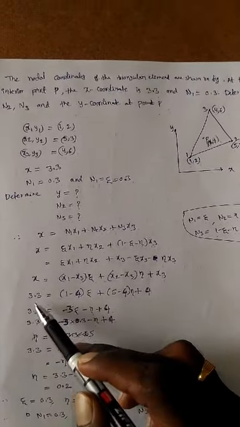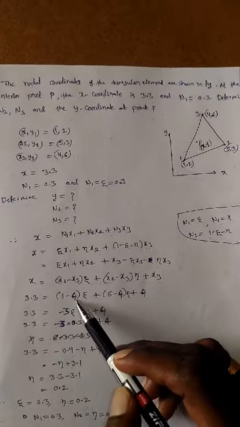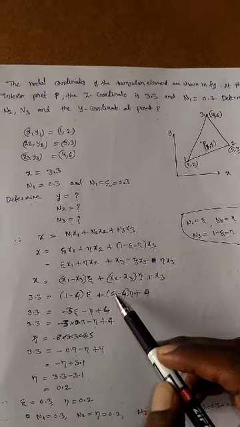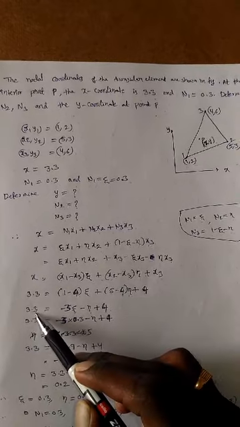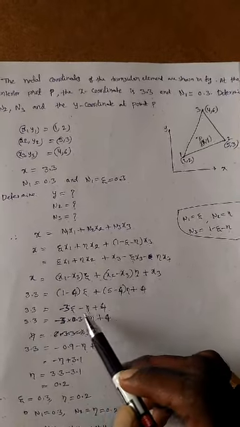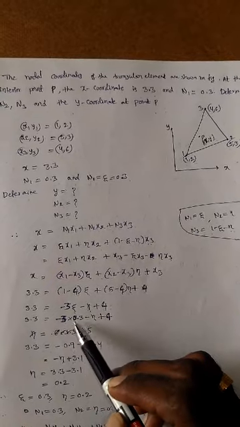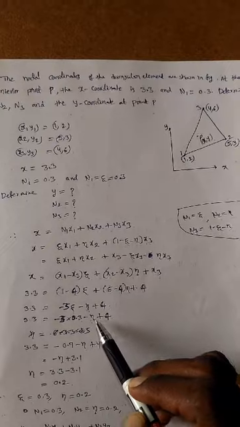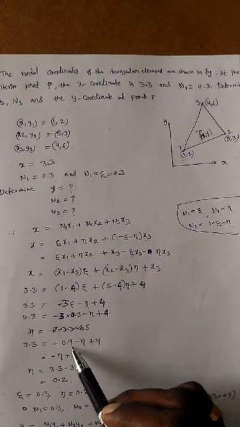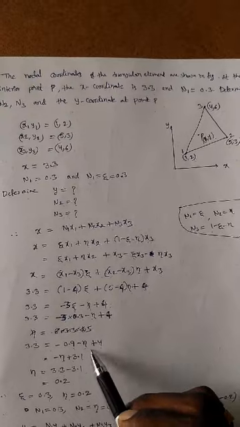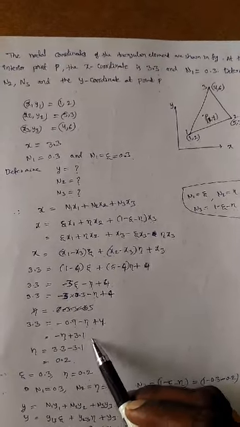Substitute all values. X is equal to 3.33, x1 is 1, x3 is 4, so (1 minus 4) into xi plus (5 minus 4) into eta plus 4, that equals 3.33 minus 3 xi minus eta plus 4. 3.33 minus 3 into 0.3 minus eta plus 4. 3.33 minus 0.9 minus eta plus 4, that equals minus eta plus 3.1.